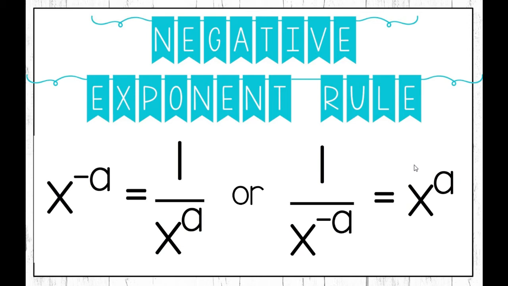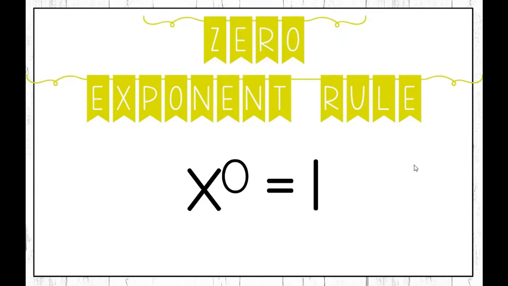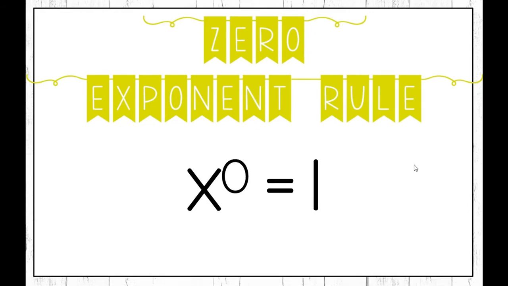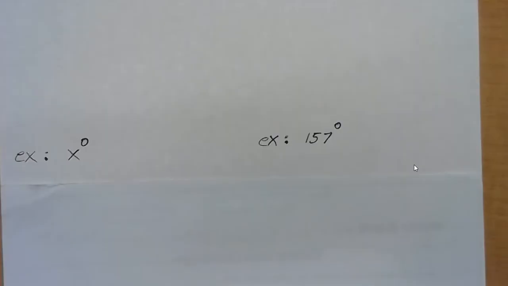Lastly, we just have one more rule left. It's the easiest of them all. It is the zero exponent rule. The zero exponent rule states that any number or any variable raised to the zero power is equal to 1. So it doesn't matter what the base is.